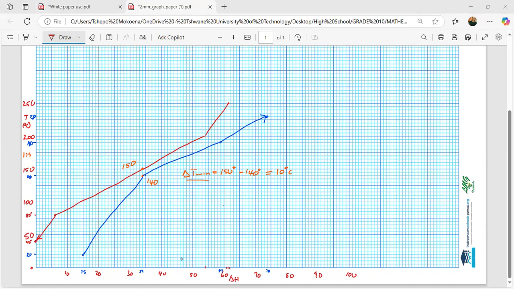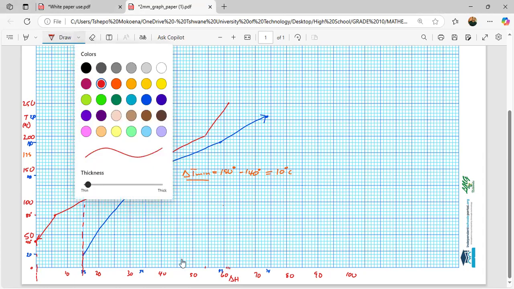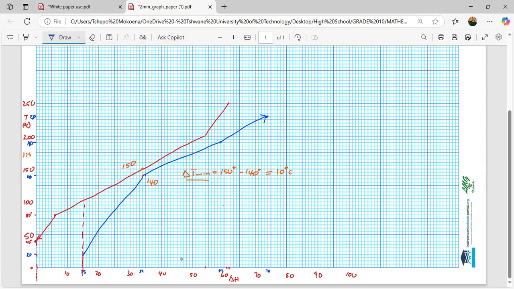So now when you have a look at this point over here, 15 there, when you have a look at this interval over here, what's happening is, and then when you have a look at this interval over here. Look at this interval here, 6.1 something.